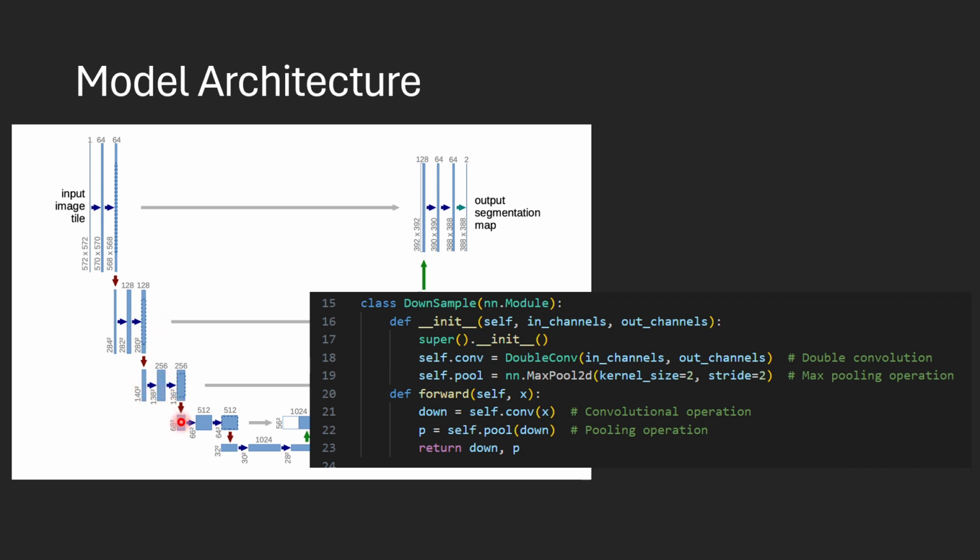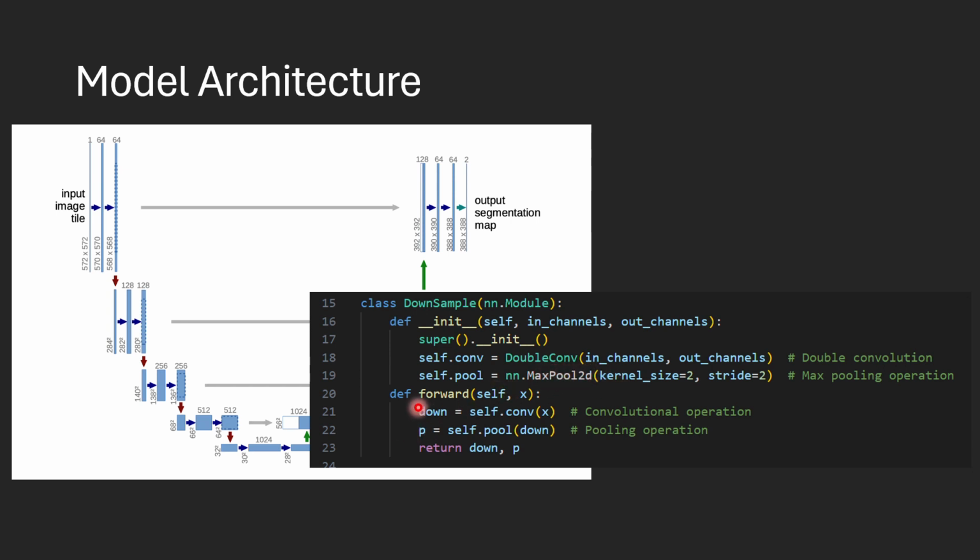So two blue arrows, one red arrow, two blue arrows, one red arrow. Only when you combine two blues and one red, that's when we call a downsample, which is exactly what I'm doing here. So I have two different variables. One is an object called conv, which takes directly the double convolution that we have explored just now in the previous slide, and one more which is called pool, where I'm using the MaxPool2D function from PyTorch.